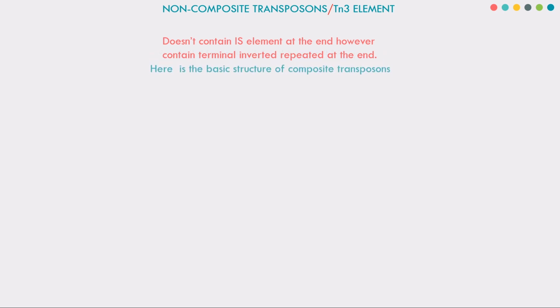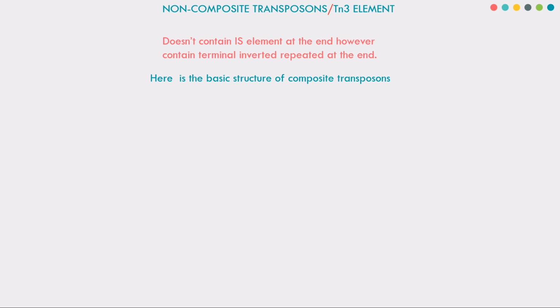Let us study the non-composite transposons, or the Tn3 element, the last type of transposons in bacteria. The non-composite transposons do not contain IS elements at the ends, however they contain terminal inverted repeats at the ends.